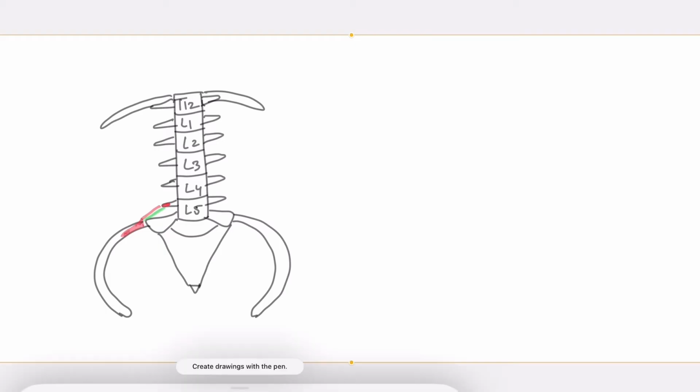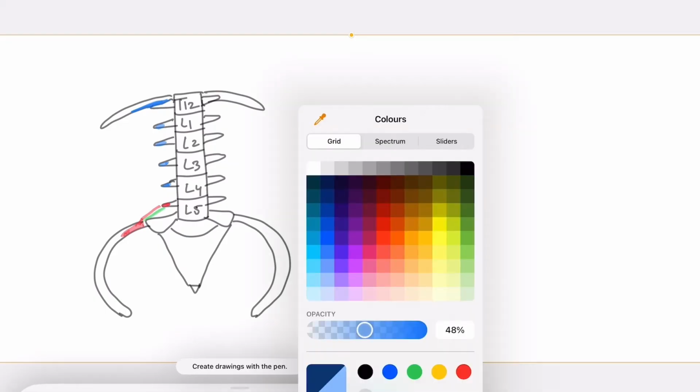About the insertion, it is inserted onto the anterior surface of the transverse process of the upper 4 lumbar vertebrae on its lateral portion, because medially it's the origin of psoas major, you know that. And it also takes insertion onto the medial half of the lower border of the 12th rib on its inner surface like this. So you've got to know about the origin and insertion.